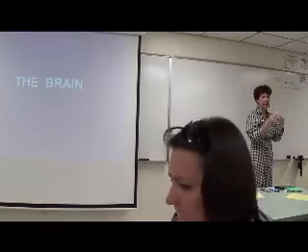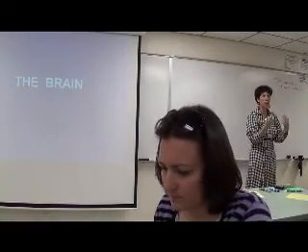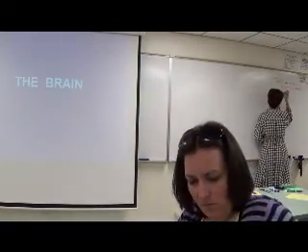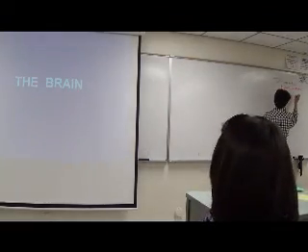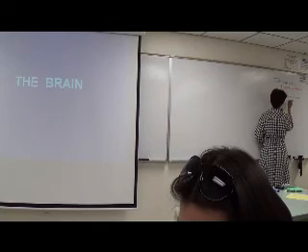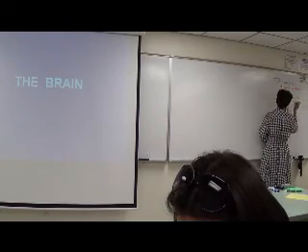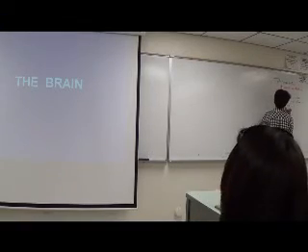Okay, we've already covered that part of the ventricular system. Today we're going to talk about the lobes. We're going to start off with the occipital lobe, the temporal lobe, the parietal lobe, and the frontal lobe.